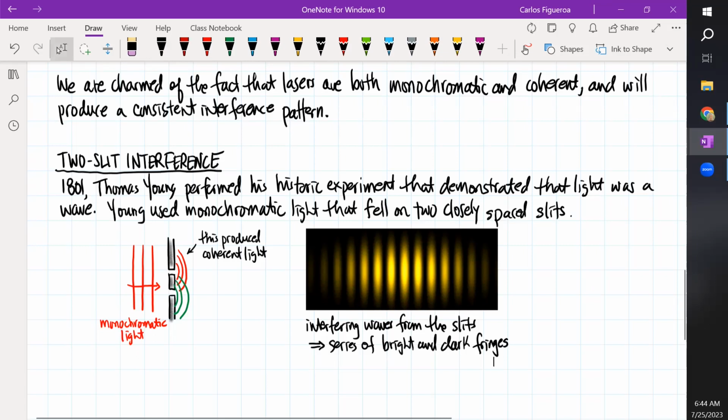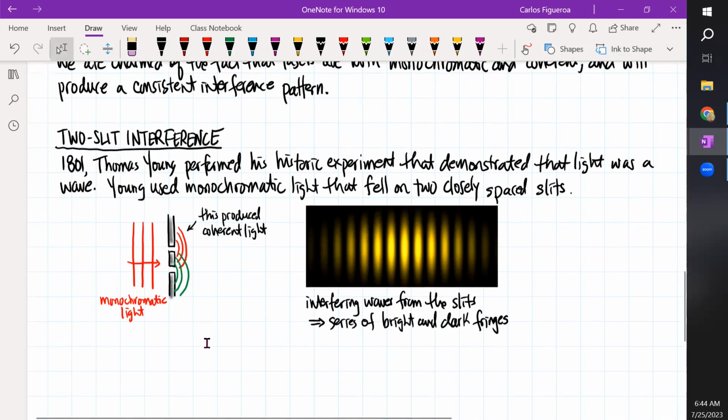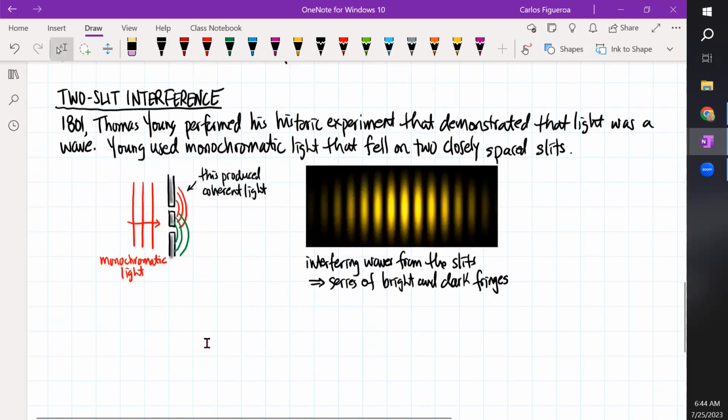So now what we want to do here is look at these details. In order to understand this, we need to learn the characteristics of interference.